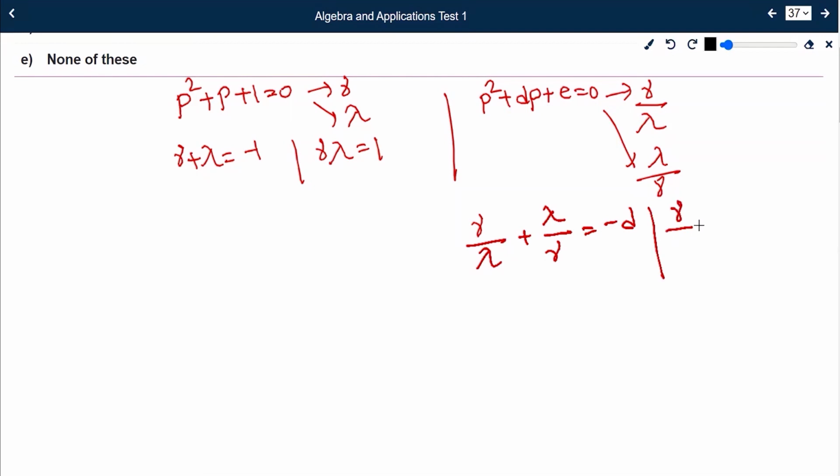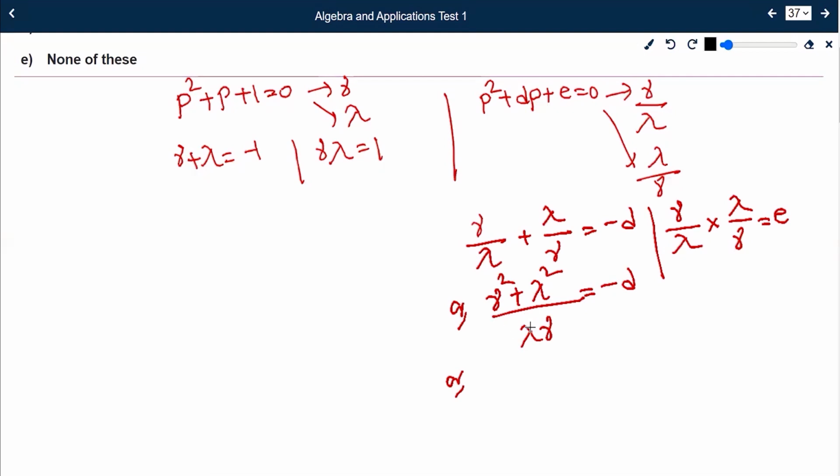Also, let's do the LCM. Now let's find the value for delta square plus lambda square.